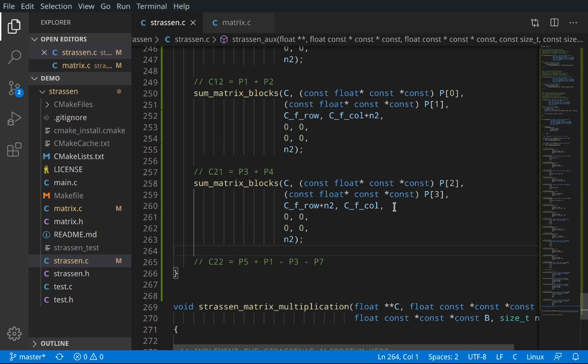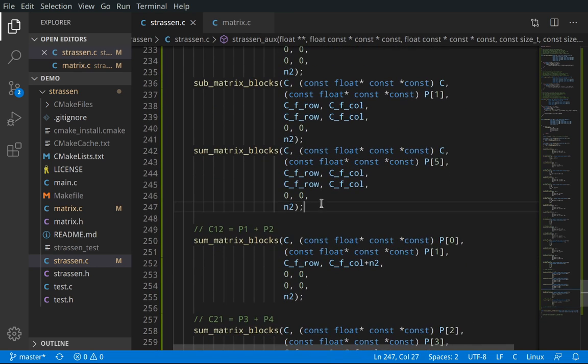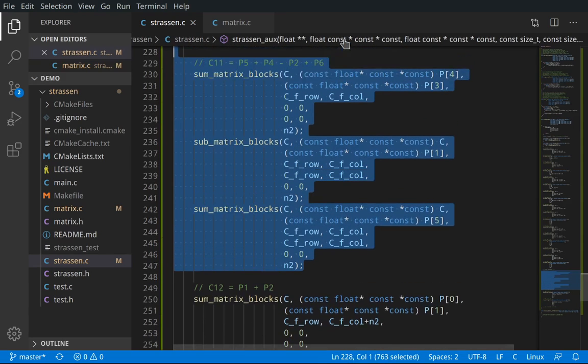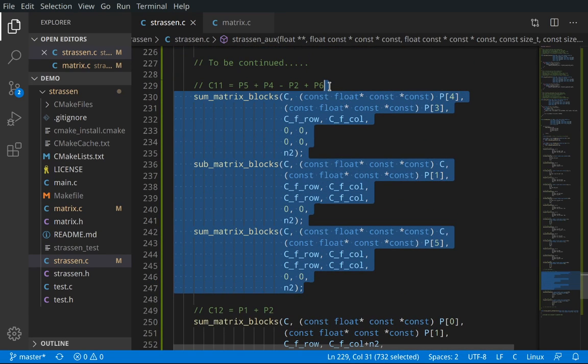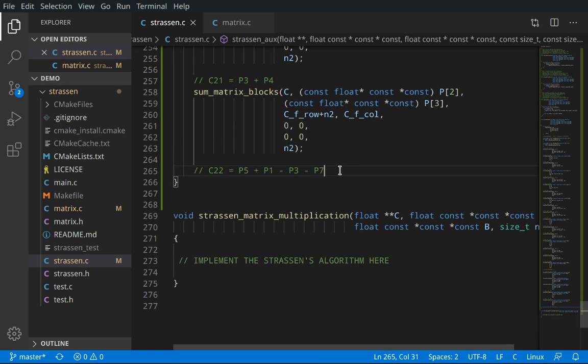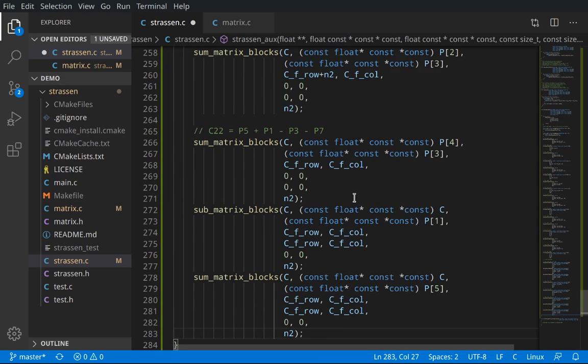and this is it. And going back to C22, let me copy what we did before, just because I'm lazy. I don't want to write everything from scratch. So this should be P4 plus P1, so this is it. We need to subtract P3, so this is a subtraction, this is correct.